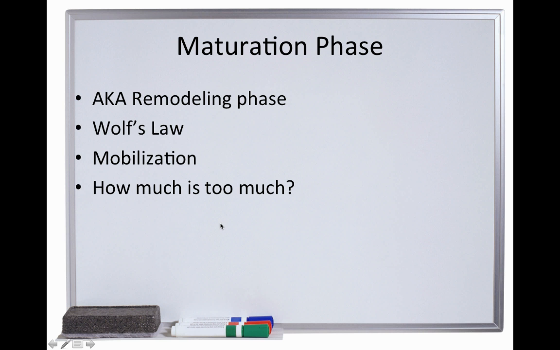In the maturation phase, so now you have your collagen fibers have started to lay down and do get the wound area to have a little bit more strength to it. Now you get into the maturation phase, also known as the remodeling phase. If you remember, Wolff's Law says that your tissues will increase their tensile strength along the lines of force.